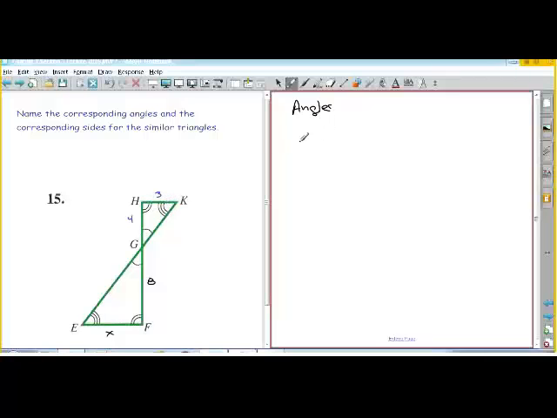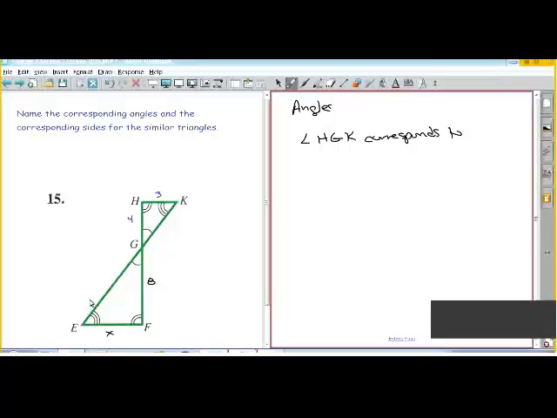So the way we would do it is we would use these letters. So I would say angle, and let's do this one first, the single sweep. So this angle is HGK. And that corresponds to this angle. I'm going to start with the letter that represents this 90 degrees.